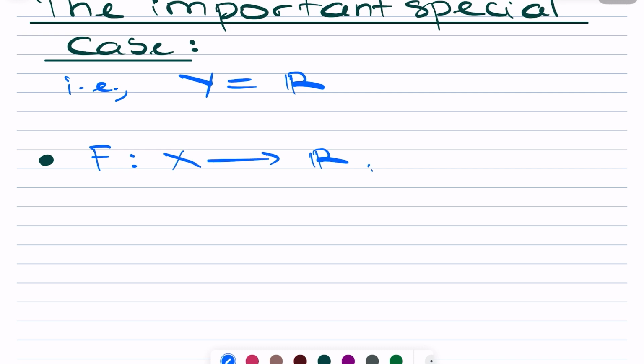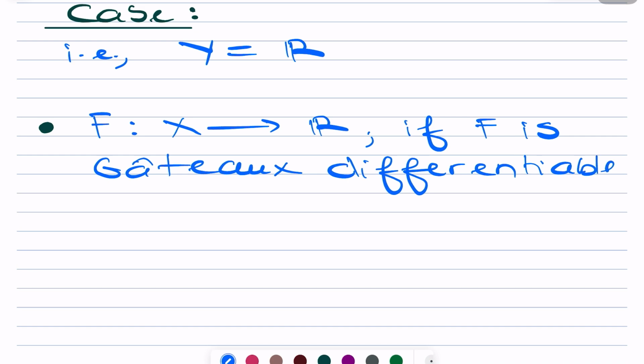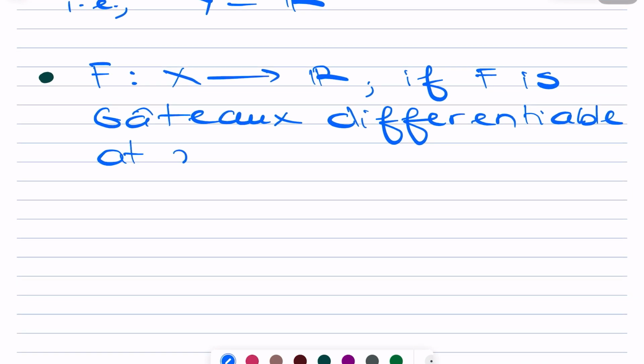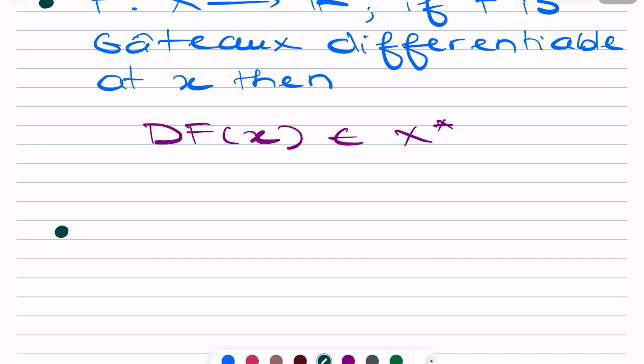If the function f is Gâteaux differentiable at x, then the Gâteaux derivative at x is a linear bounded operator in the dual space of X. I think this is quite obvious. It follows from the definition, so nothing really special.